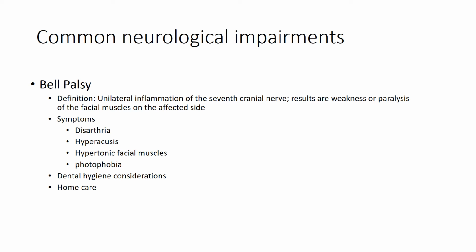The symptoms are dysarthria, which is difficulty speaking, drinking, eating, or swallowing. They may have hyperacusis, which means they're much more sensitive to sound. Their facial muscles may be hypertonic or overactive, and they will have photophobia, where they have sensitivity to light.